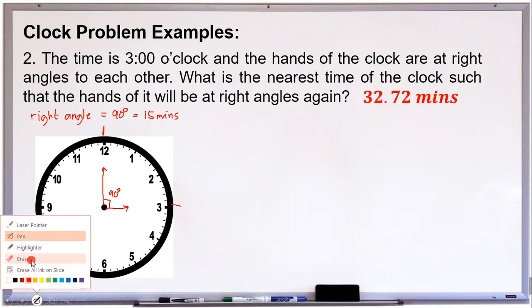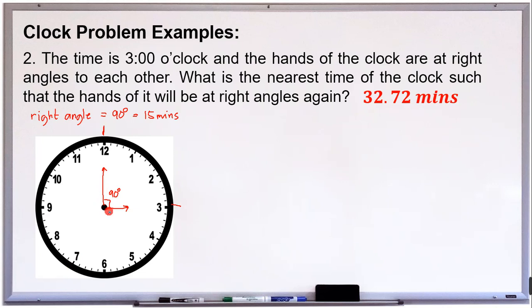Okay, so let's illustrate first the final position of our hour hand. We all know that the hour hand is only restricted between 3 and 4. So let's assume that the final position of our hour hand is somewhere between 3 and 4. Now, let's count 15 minutes from this position in order to get the final position of our minute hand.